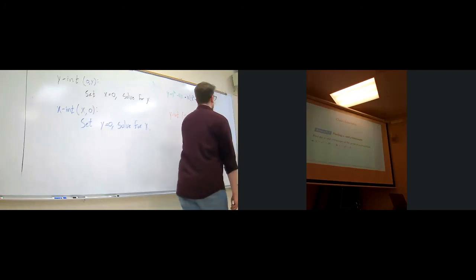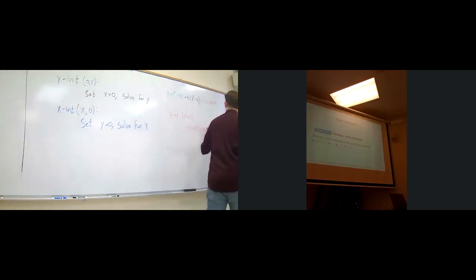It doesn't matter what these two come out to be. We're already going to get 0. So this gives us that our Y-intercept is going to be at the origin.